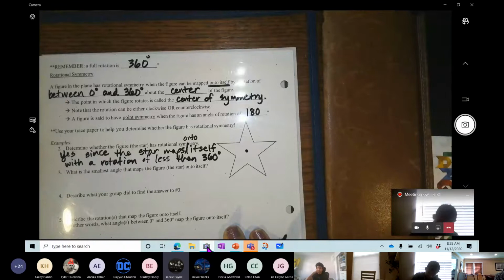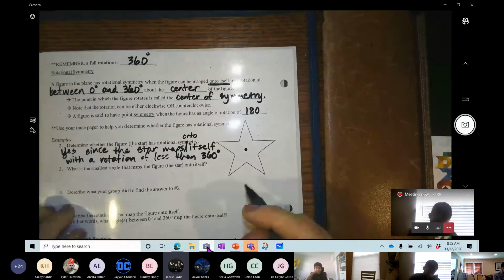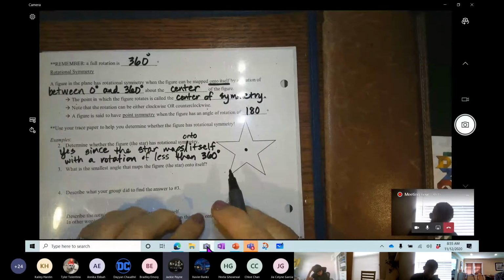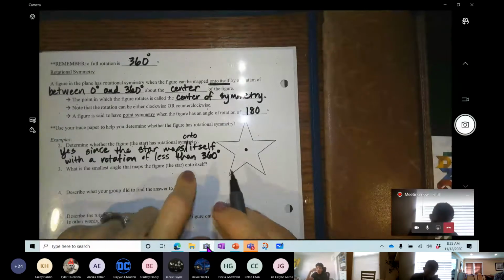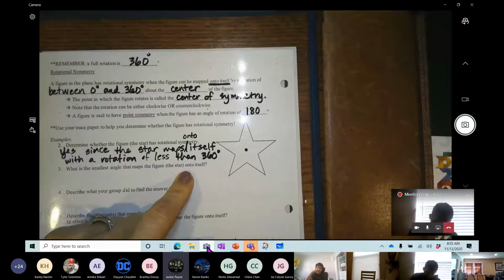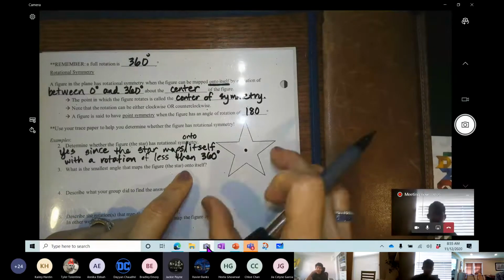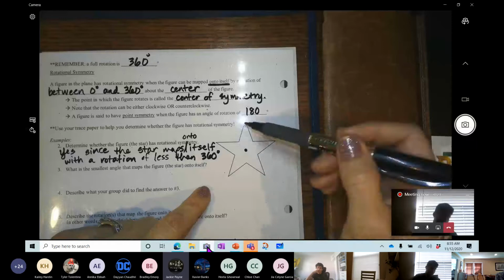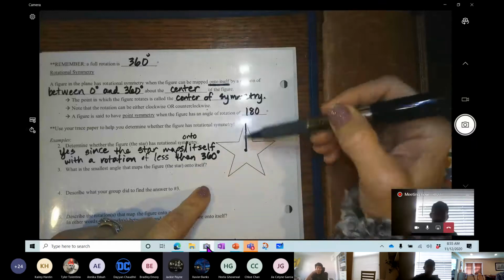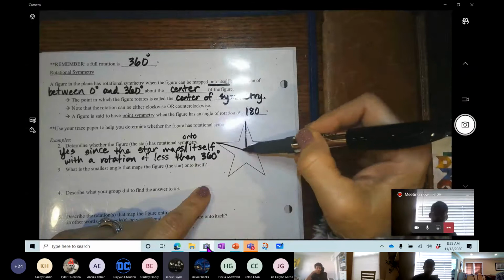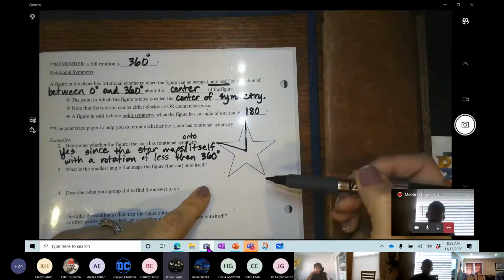Now, you may or may not know how to do this part, but again, that's why we're doing the notes and I'm showing you how to do these examples. What is the smallest angle that maps the figure onto itself? If you had a piece of paper and you were measuring it from here to here, it'll look the same again.